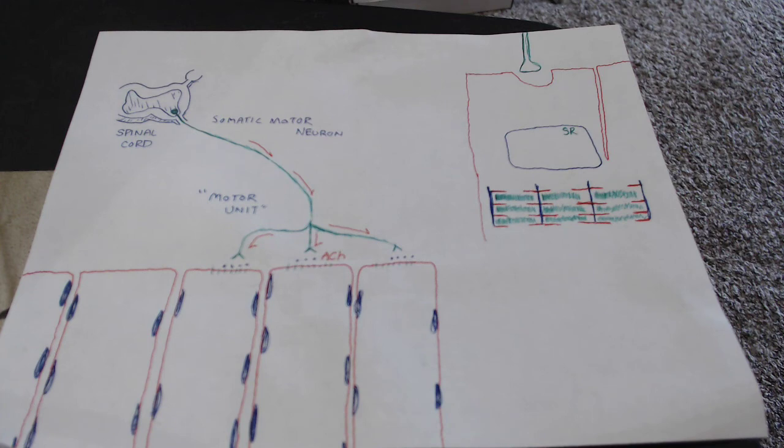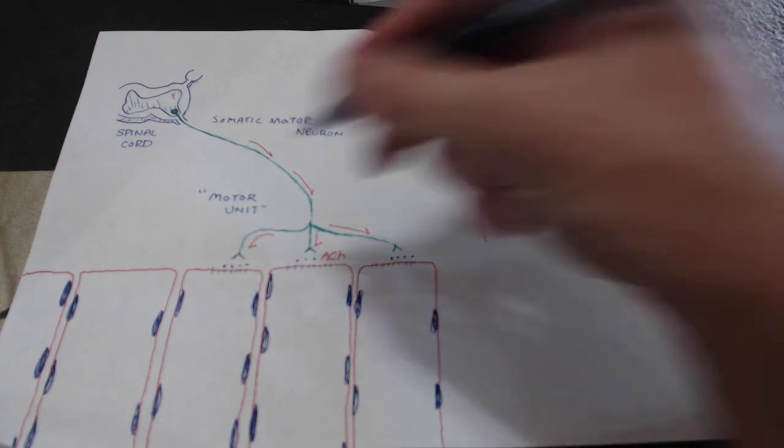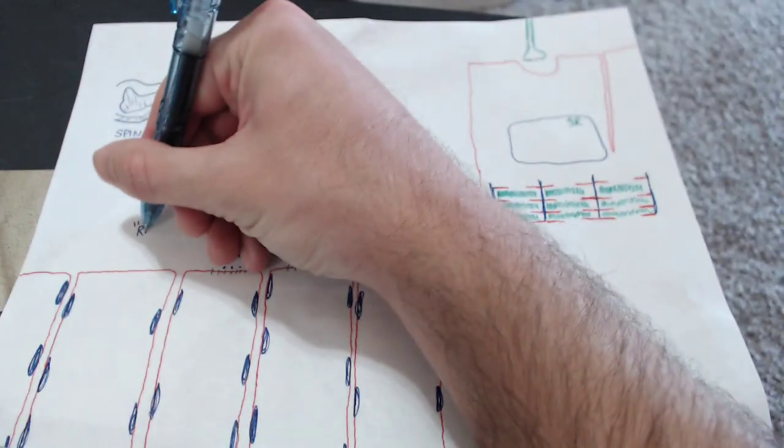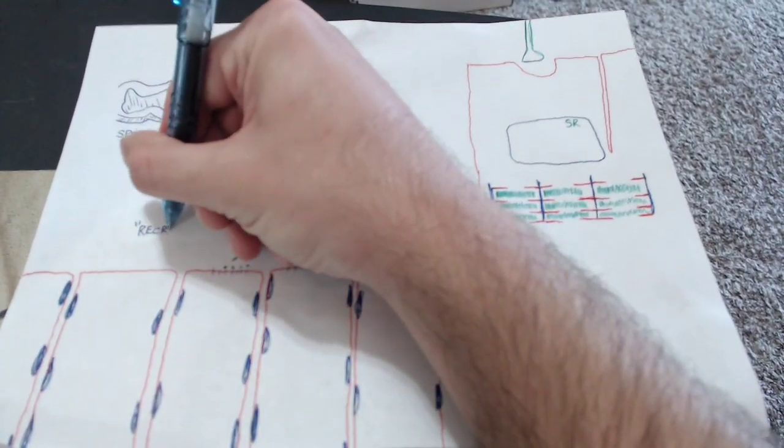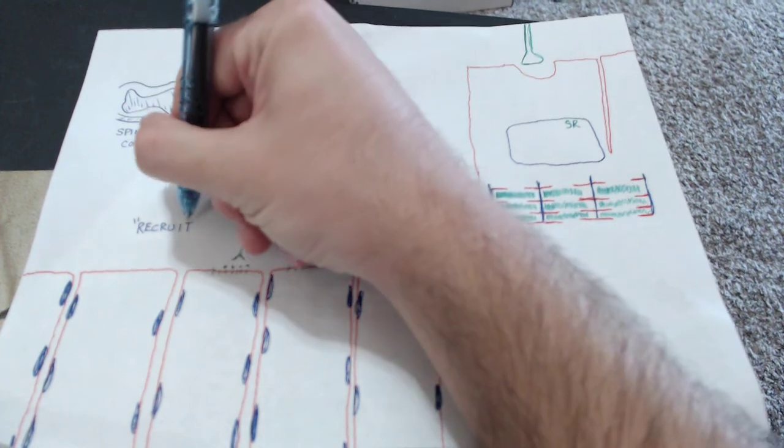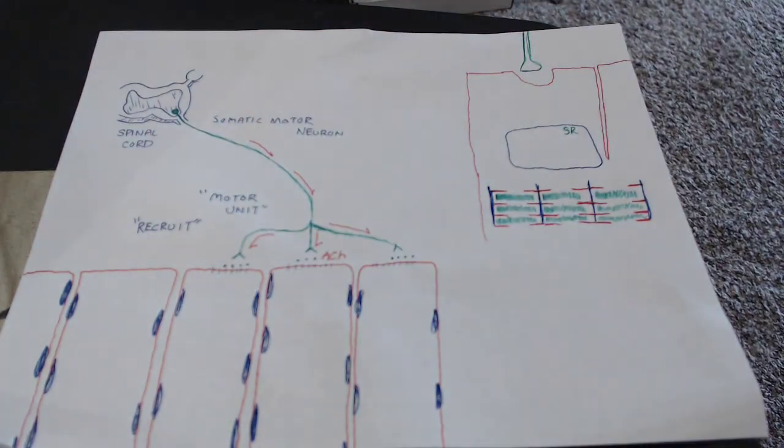But if you are lifting something that becomes progressively heavier and heavier, you may need to recruit additional motor units in order to give you the extra oomph in order to lift something that is much, much heavier. So the more somatic motor neurons that you fire, the more motor units you get involved, the more skeletal muscle fibers contract, and a more forceful contraction will be had.